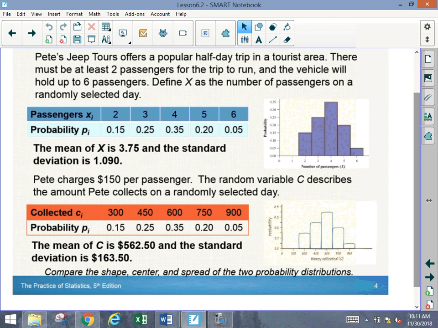The idea is that if we look at the distribution of his number of passengers and compare it to the distribution of the amount of money that he collects, all those distributions are roughly the same, right?